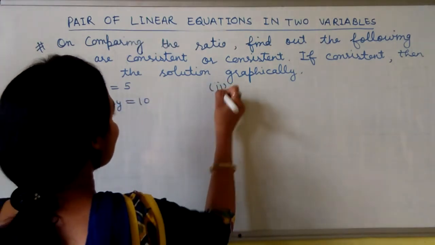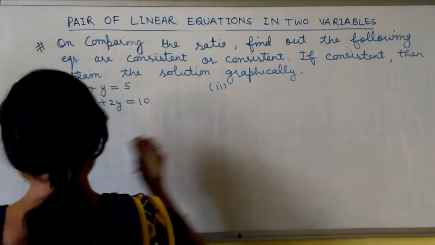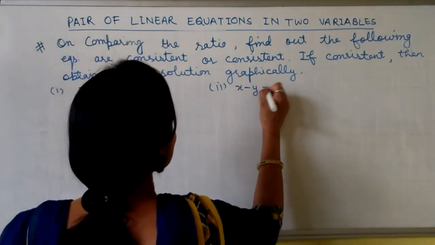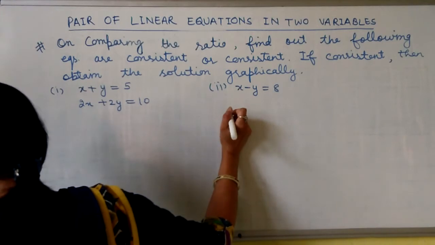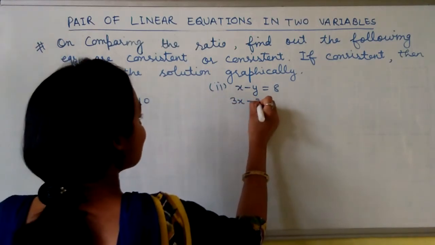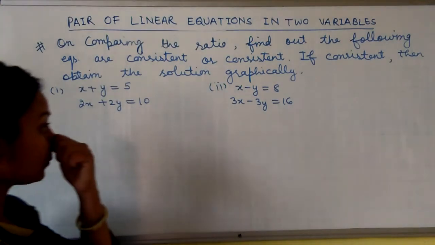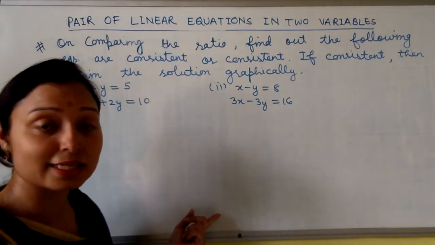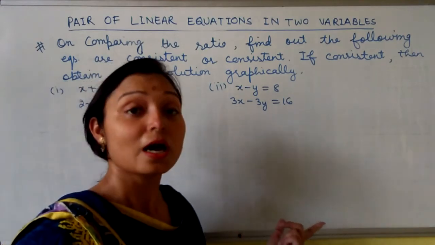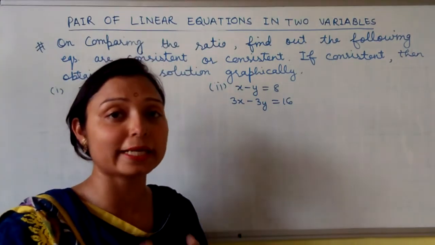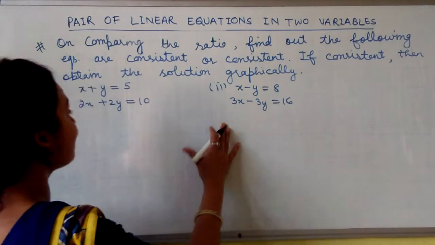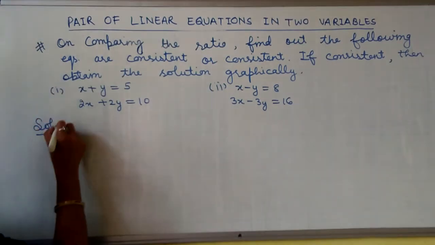The second part is x minus y is equal to 8 and 3x minus 3y is equal to 16. We have to show whether these are consistent or inconsistent equations. If consistent, we have to obtain the graph. Okay, so come to the first question.